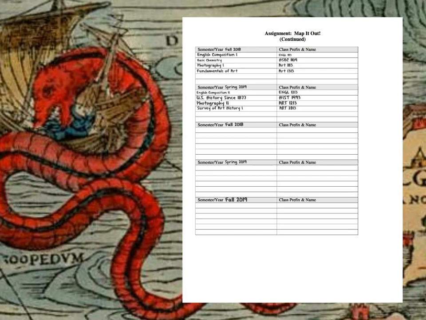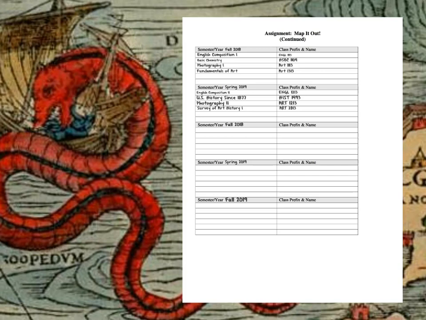Notice that this person has listed the class prefix and the name of each class that they'll be taking. Also notice that they are taking an interplay or a mixture of both their major level courses and general education courses. One of the key reasons why they've conducted this Map It Out assignment is so they can determine what the prerequisites are to fulfill their major requirements.